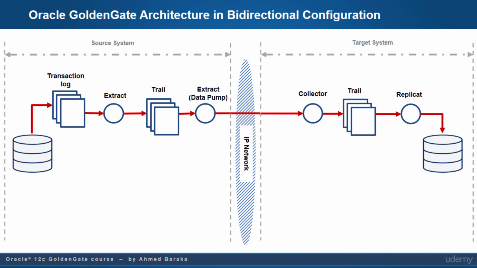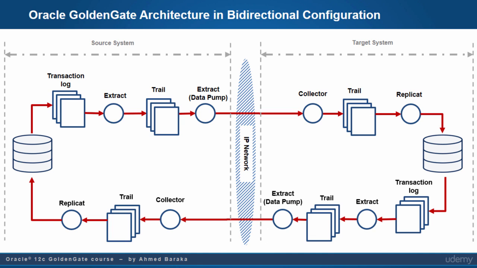All you have to do when you configure the bidirectional configuration is to mirror this architecture in the other direction. You configure a primary extract, trail files, and a data pump process at the target system. And you configure remote trail files and replicate process in the source system.